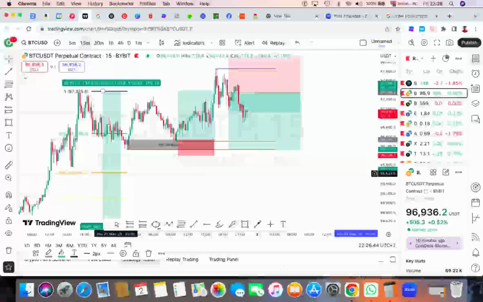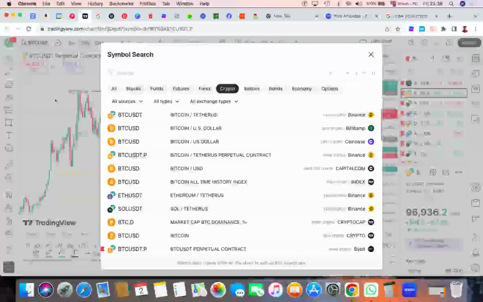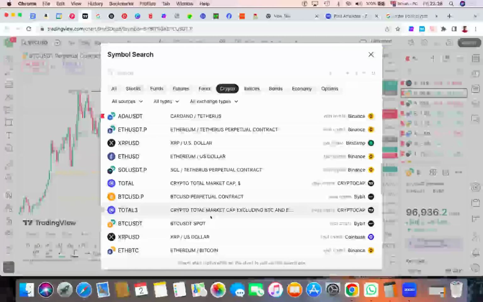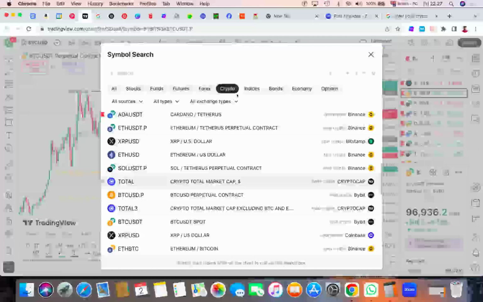Let me clear my chart. I'll just pick a new pair. What pair can we trade? Let's see. Please, you can type in the chat box any pair you have in mind, or any crypto pair that you are currently trading that you think we can use as an example. XRP.